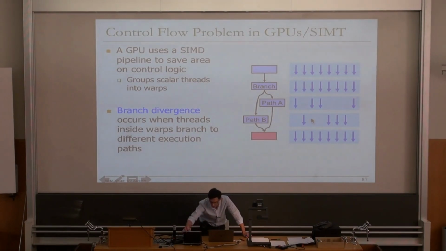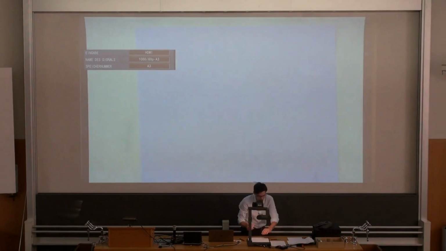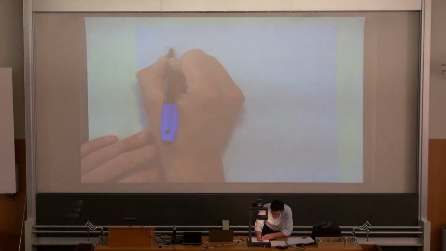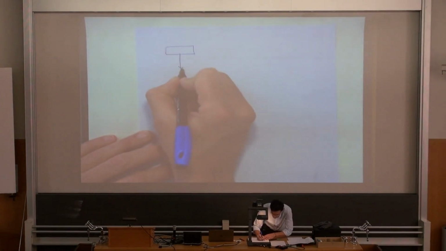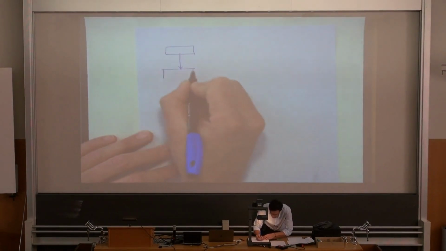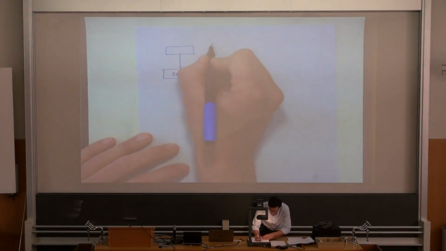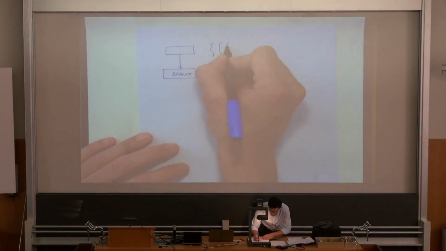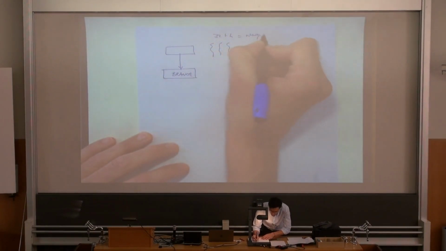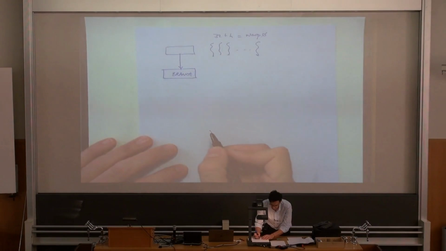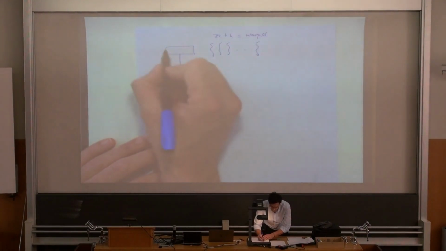How is it actually executed in the hardware? So what we will have, maybe some instruction before the branch, and here we have the branch. For this first instruction, we have all our 32 threads that belong to the same warp, maybe, for example, warp 0, executing all at the same time.